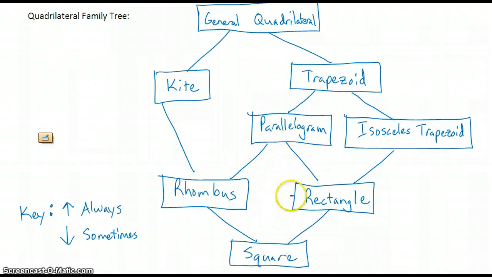So underneath the parallelogram: rhombus, rectangle, and square, these are the shapes that are always parallelograms. If we look at the kite branch, kite, rhombus, square, this branch are always kites. Learn the quadrilateral family tree, and it will help you learn all the properties of all the quadrilaterals.